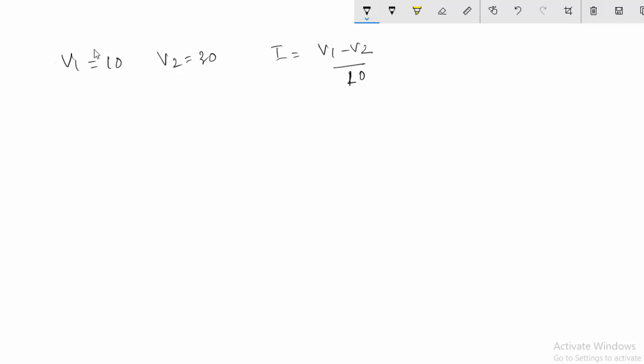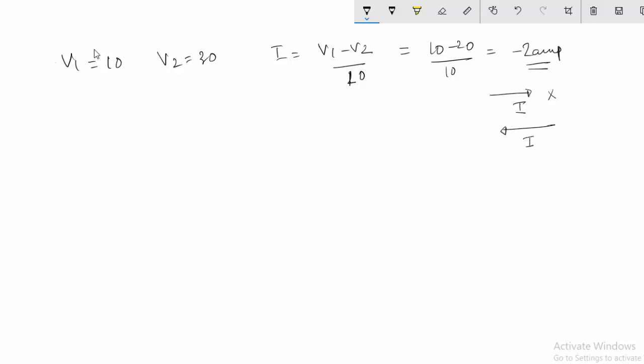So your I you got was 10 minus 30 divided by 10, which is equal to minus 2 amperes. So the minus just suggested that whatever direction for the current which you have taken is wrong, and so the value is opposite in actual.